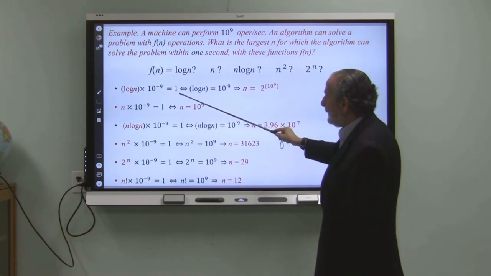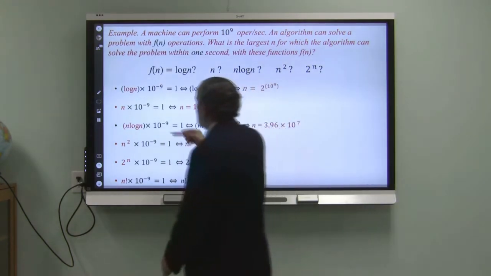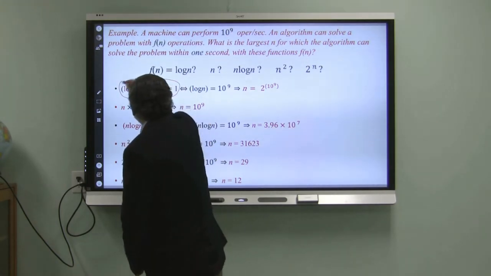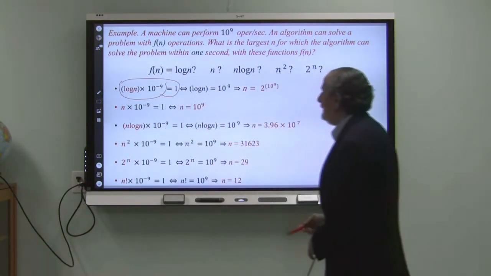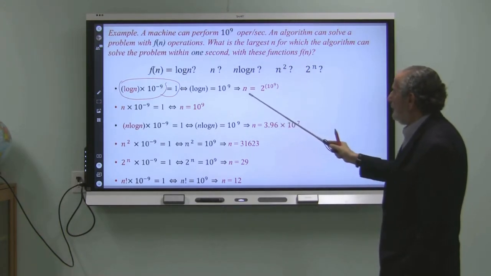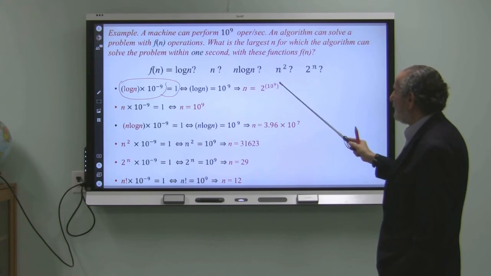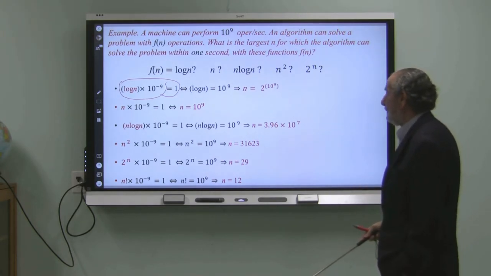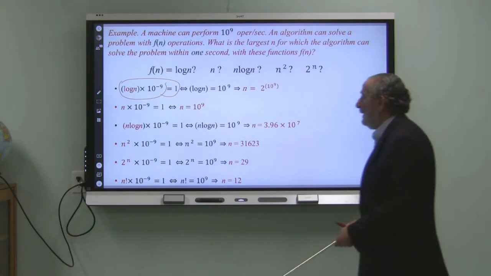You put this equal to 1. This is the equation that you need to solve. Okay? Which means log n is 10 to the power 9. You find n to be 2 to the power 10 to the power 9. That's a huge number, so that solves a really large problem.